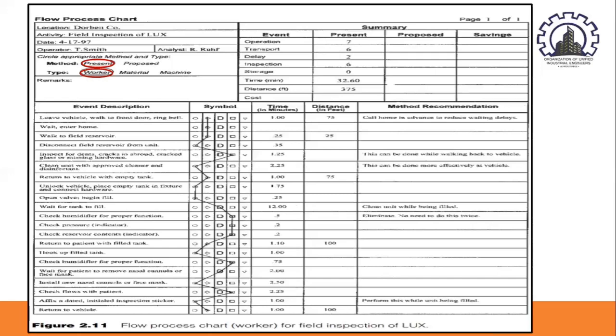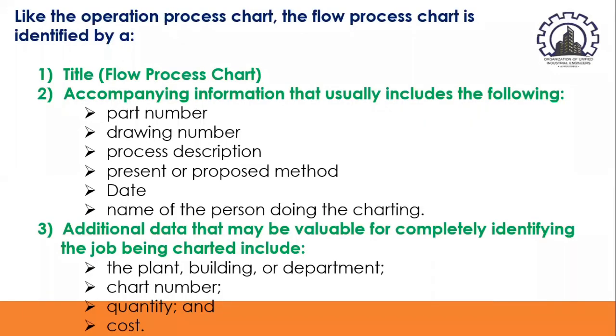And like the operation process chart, the flow process chart is identified by a title. In this case, that would be flow process chart.